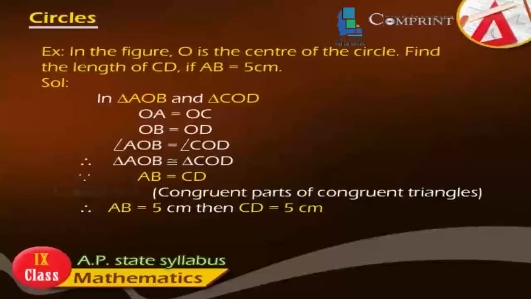Therefore, triangle AOB is congruent to triangle COD. Since AB is equal to CD, congruent parts of congruent triangles. Since AB is equal to 5 centimeters, CD is equal to 5 centimeters.